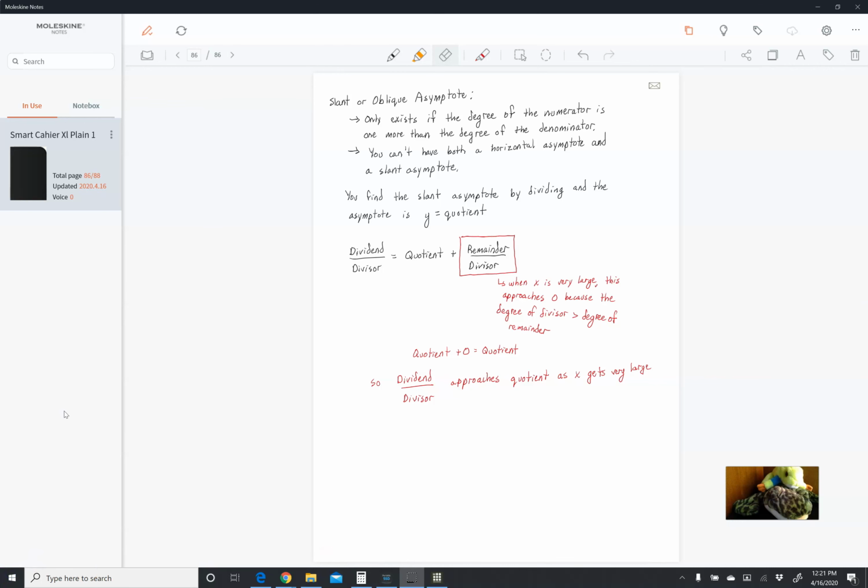So let's just do one example of this, okay? Let's say that f of x is equal to x squared minus x over x plus 1.